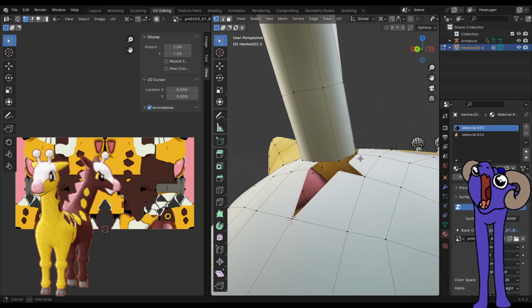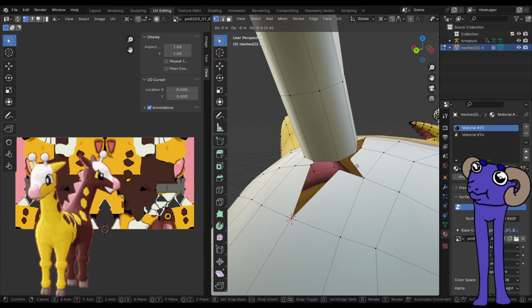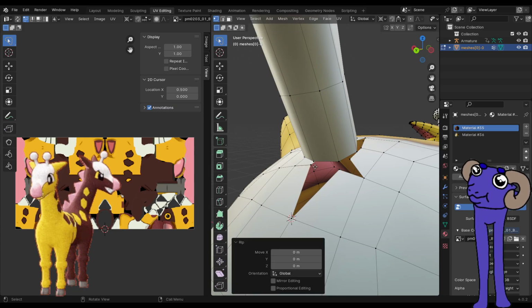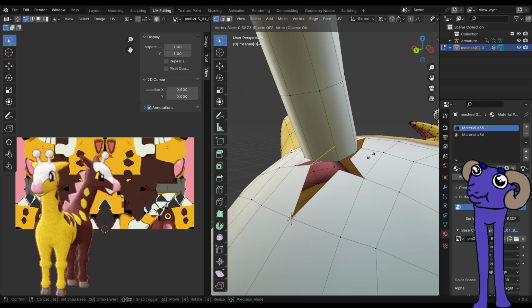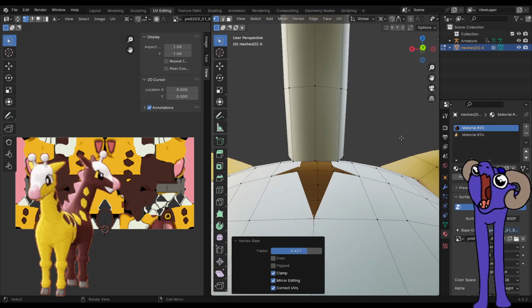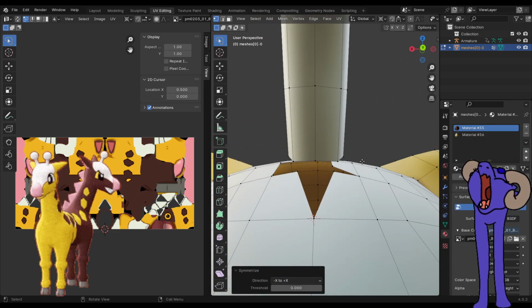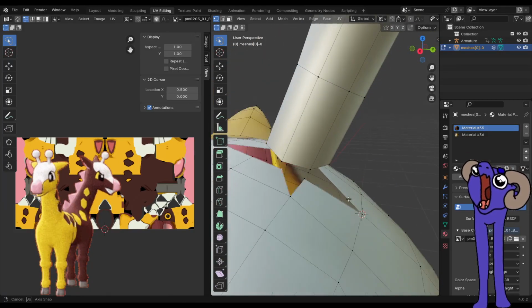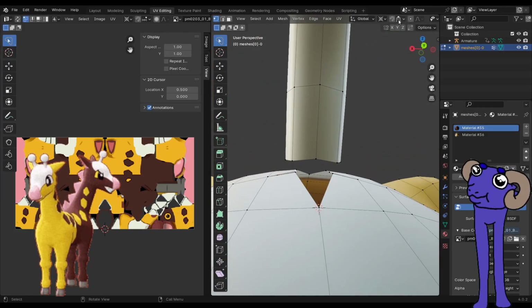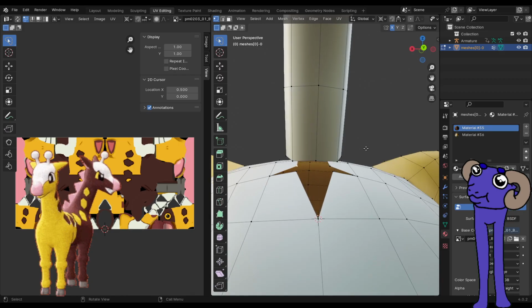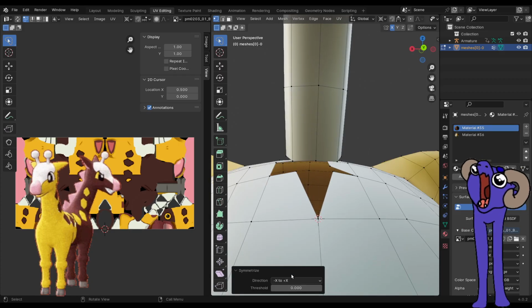Rip that up, and then rip that up, and I want to symmetrize that. Oh god, what happened to it? Why does symmetrizing that make it so broken?